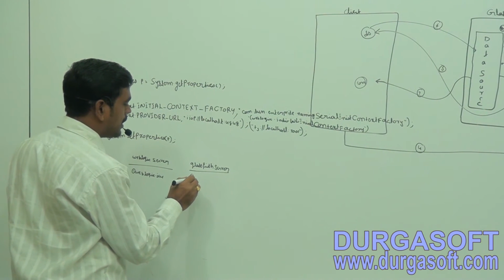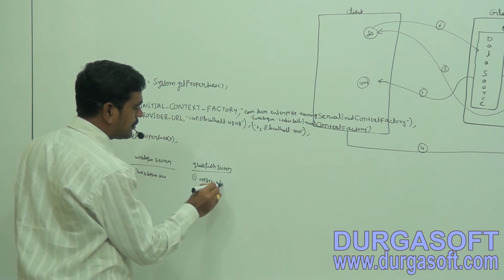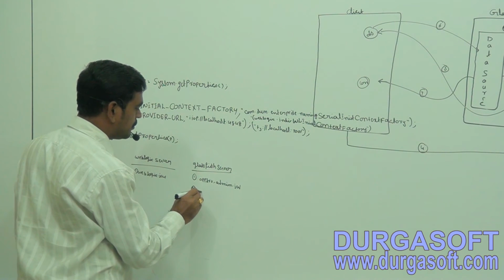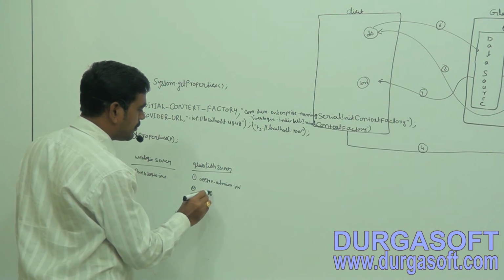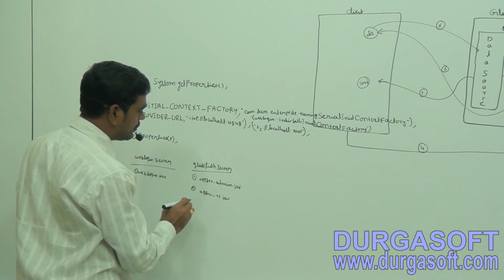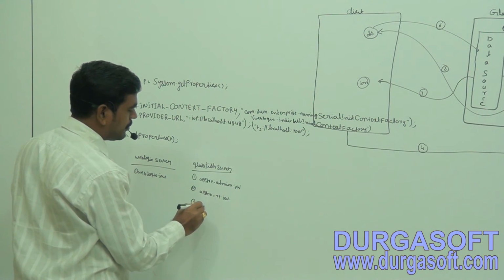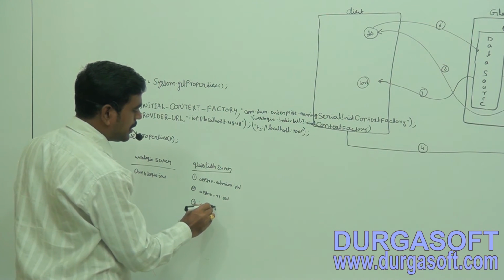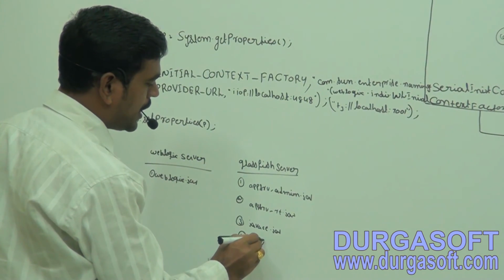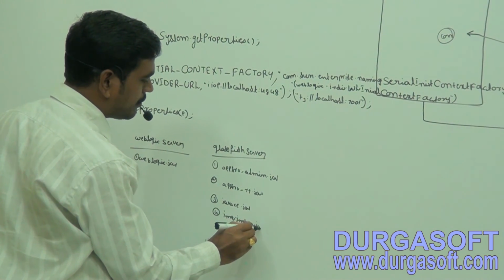What are those 4 jar files? appserv-admin.jar, appserv-rt.jar, the next, javaee.jar, the next, imqjmsra.jar.